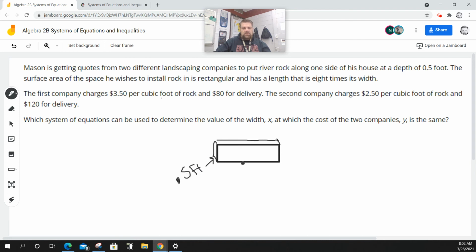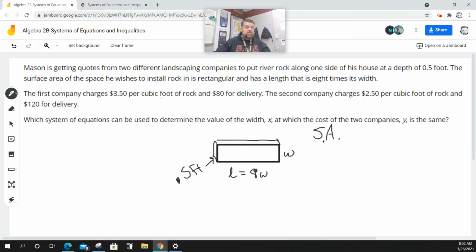Then the surface area that he wishes has a length that's 8 times its width. I think this is the width, and I think that the length is 8 times the width.